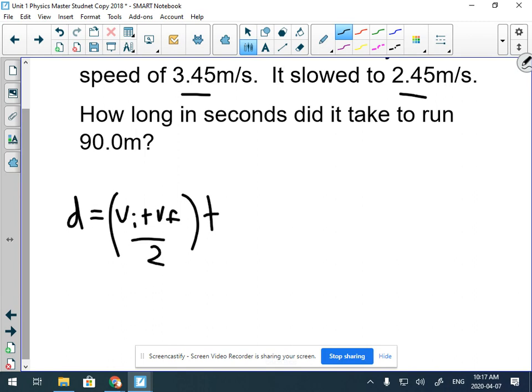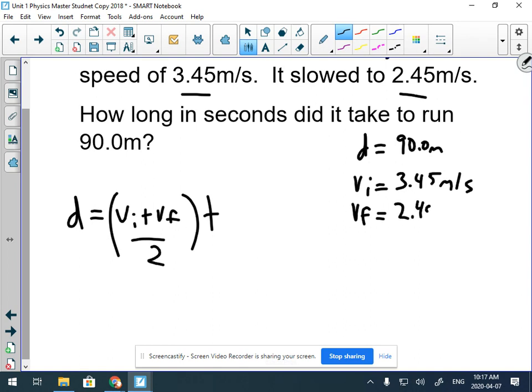Now, let's write down everything that we know. We know how far the clown ran, 90 meters. The initial speed of the clown is 3.45 meters per second. The clown slowed down. Maybe it was approaching its kill. I don't know, 2.45 meters per second.